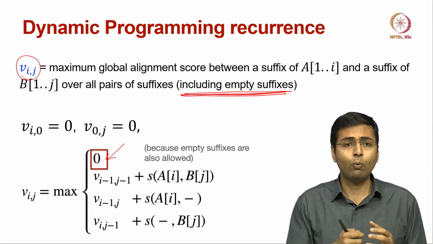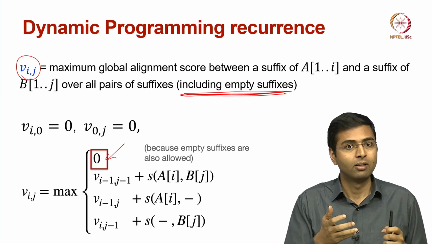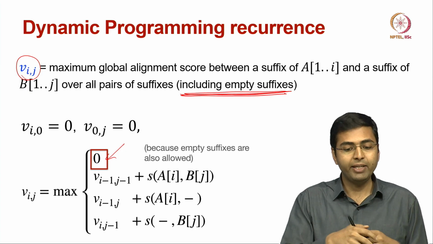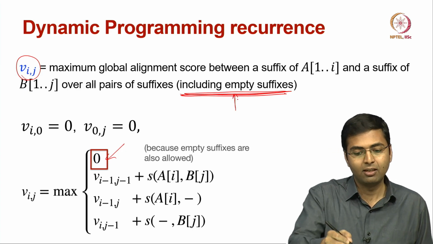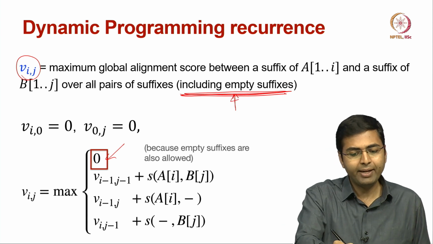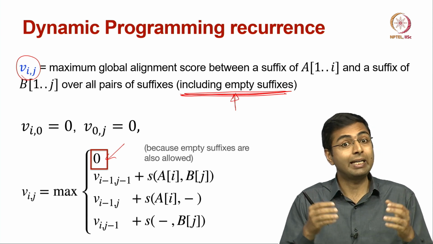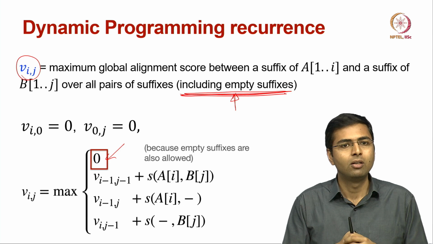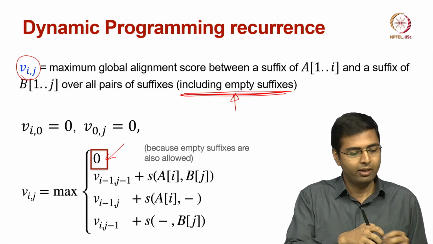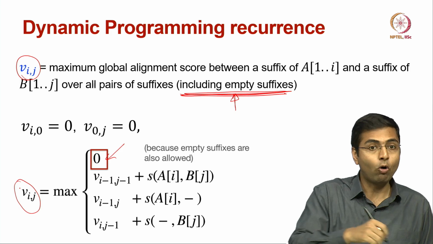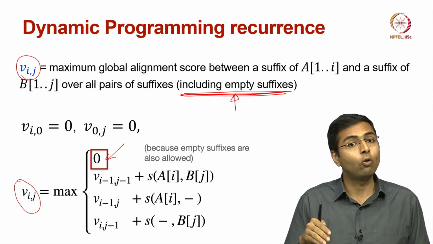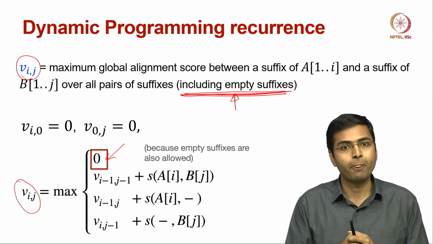In other words, the local alignment score will never be negative, because we can always pick an empty suffix. If all my possible alignments are negative, then I can always pick an empty suffix such that my score is at least 0. So in this particular case, my alignment scores in my dynamic programming table will never be negative. They will be 0 or more than 0.